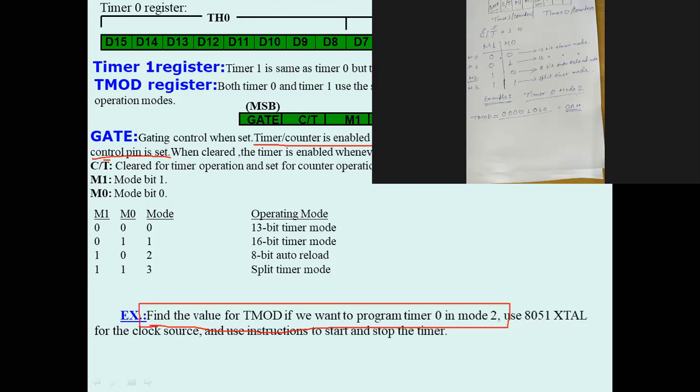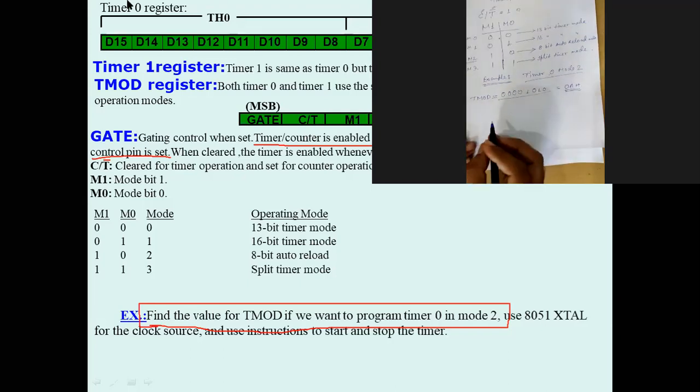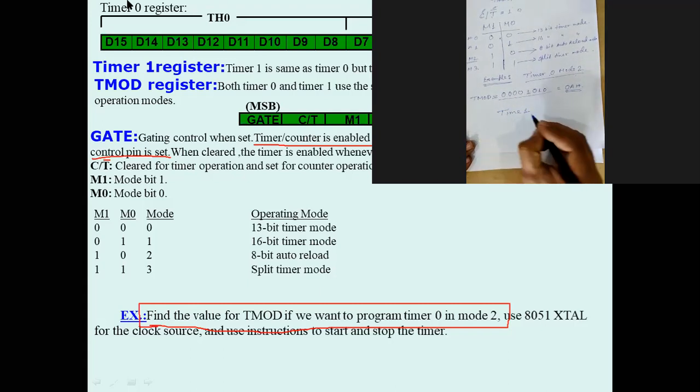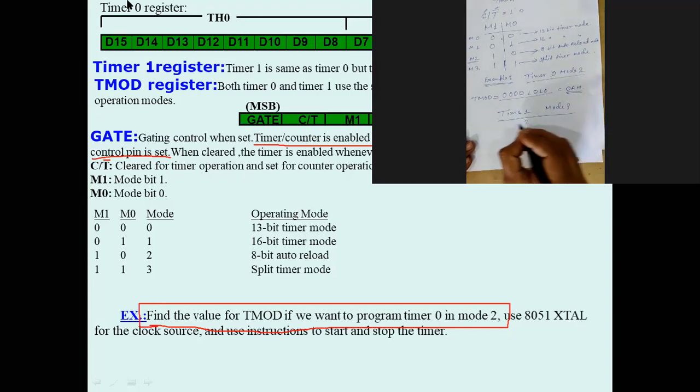Everyone understood? I'll ask randomly. They need to turn on their microphone and video and show their copy. Now use timer 1 mode 3. Now what will be the content of TMOD?